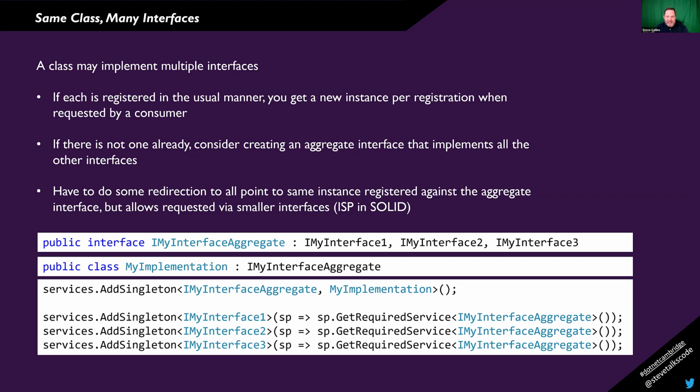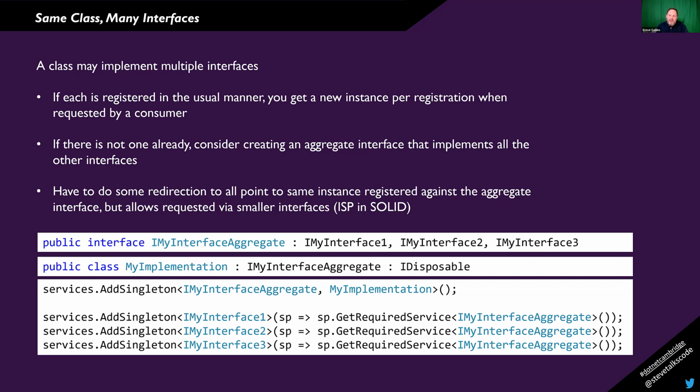So if you want to get access to the same instance through different interfaces, what you need to do is first register the instance by its class type, and then use lambda expressions using the GetRequiredService method to resolve the instance from the IServiceProvider from the container. So effectively, you're piggybacking on saying, get me the original class, and now I will then cast it to the appropriate interface when you ask for that interface via the container.